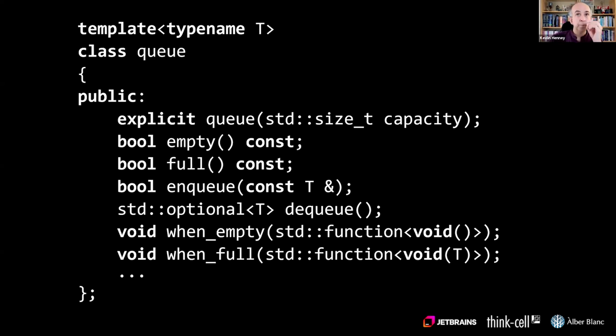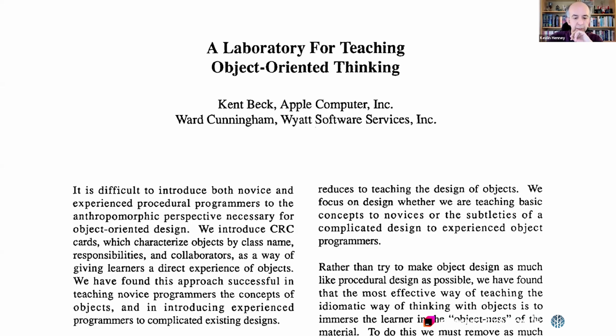Now, what really boosted the use of the word responsibility in software development was the idea of the CRC card. This was from Kent Beck and Ward Cunningham, a laboratory for teaching object-oriented thinking.